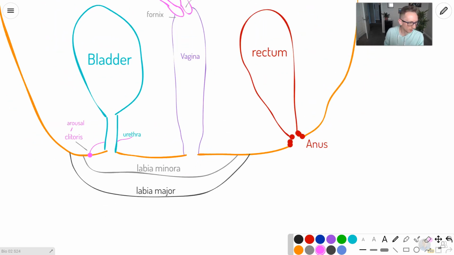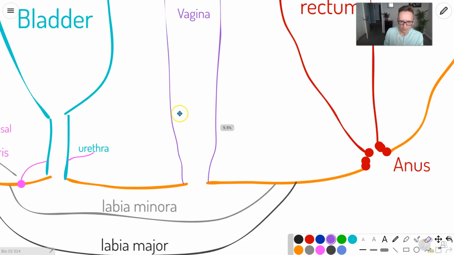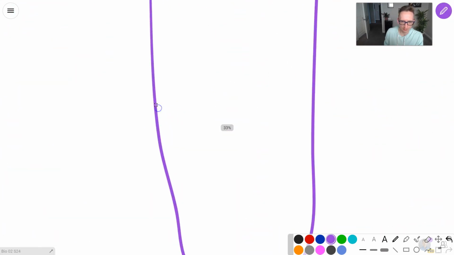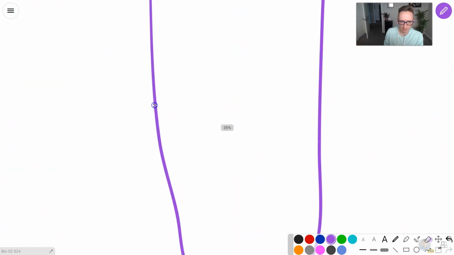And a few inches up, on the anterior side, like 2 or 3 inches up the vagina, there's a little wavy patch. Like so.